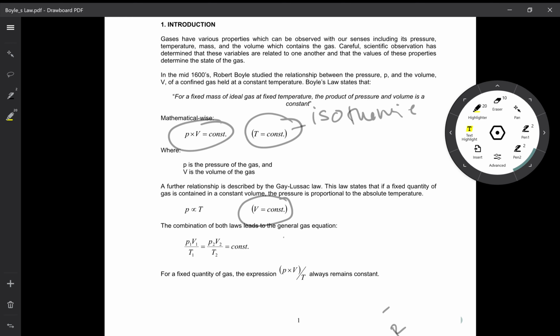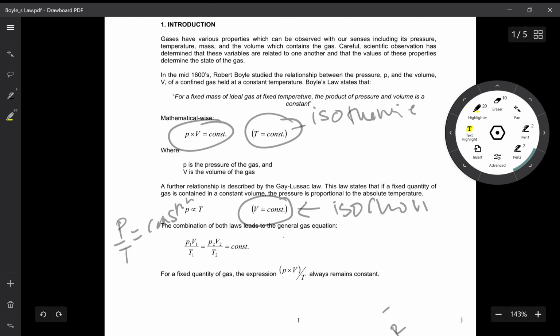What we have here is that P over T is equal to a constant. When V is maintained as a constant, this is known as isochoric conditions.